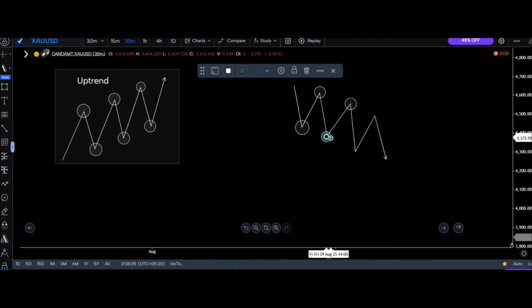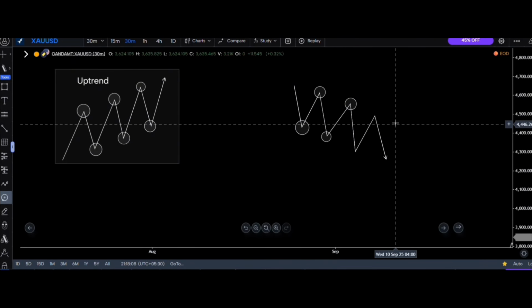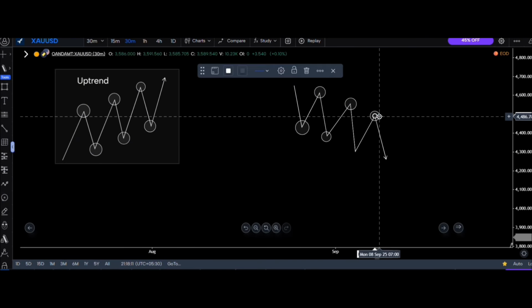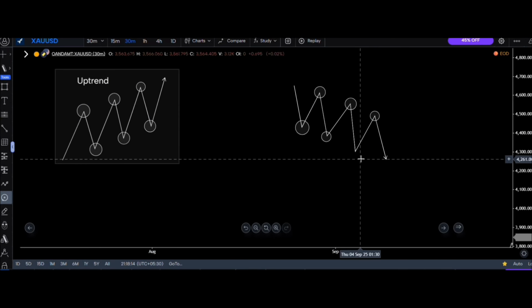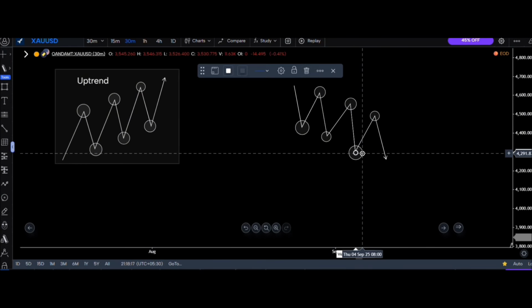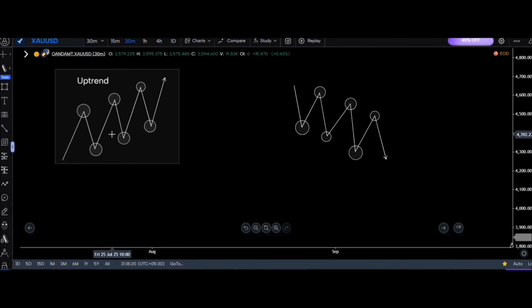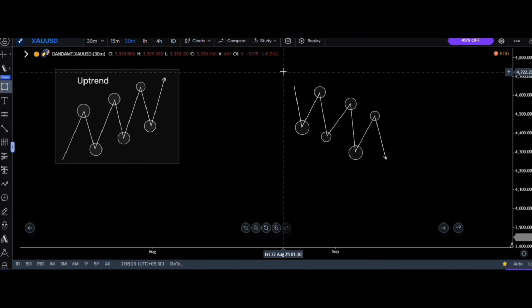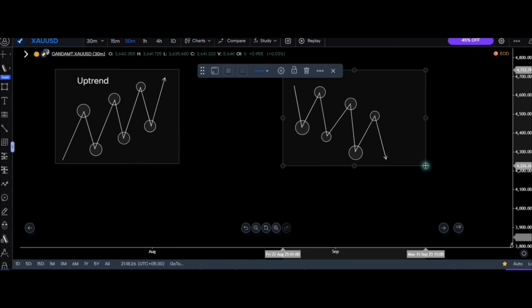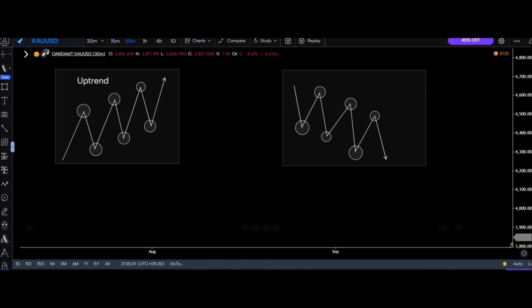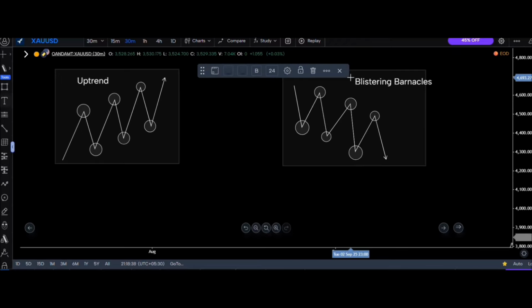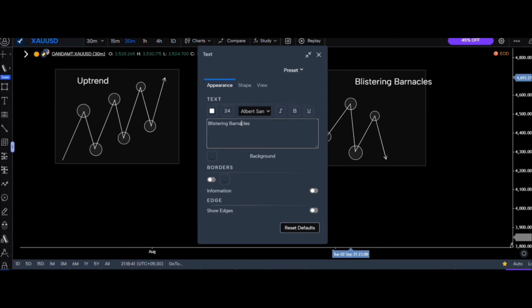Here we have lower low. This is again lower high, and this is our lower low. This is called a bearish move, or we can simply call it a downtrend. Let me write down downtrend.